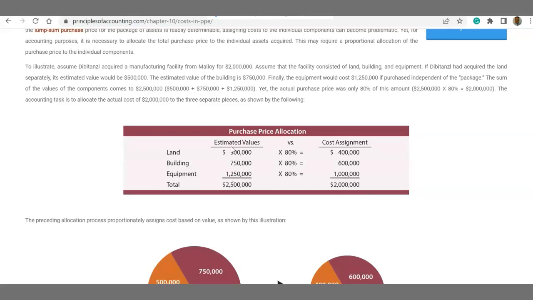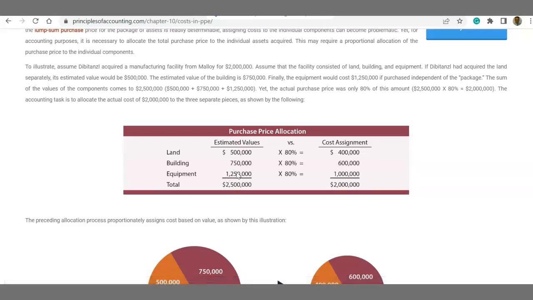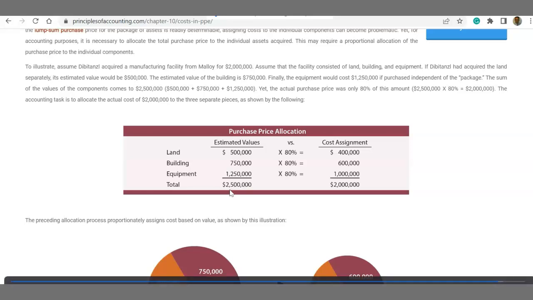So you have to appraise them separately. Land ends up to be like $500,000. Building will end up to be $750,000, and the equipment ends up to be like fair market value $1,250,000. Total estimated value is $2,500,000.